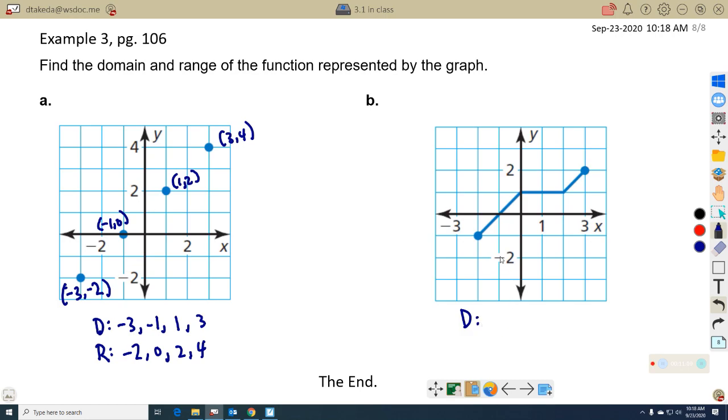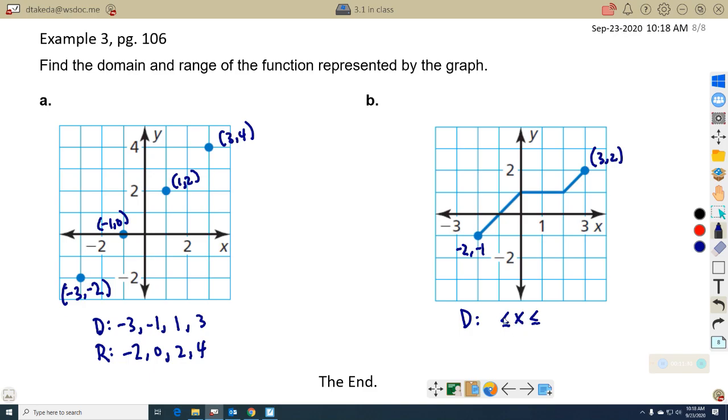Now over here, this one's going to be a little harder to conceptualize because this is a continuous graph. The lowest x value here is -2, right here, -2, -1. And this one is 3, 2. Since it's continuous and we're dealing with domain, that's our x values, we're going to use compound inequality notation.